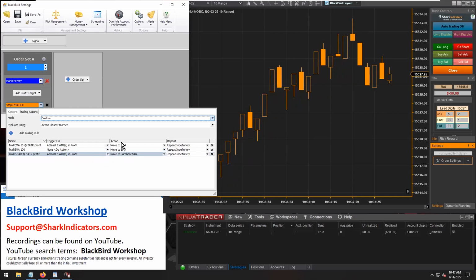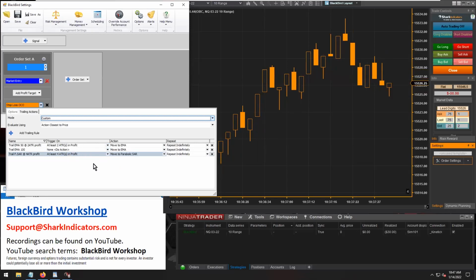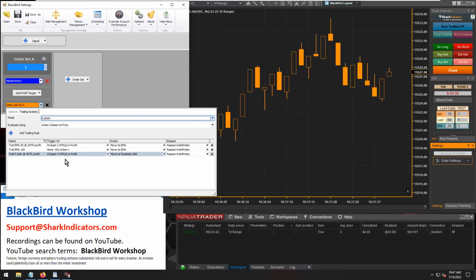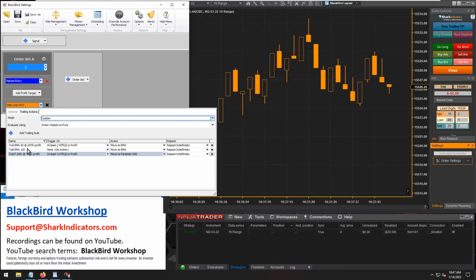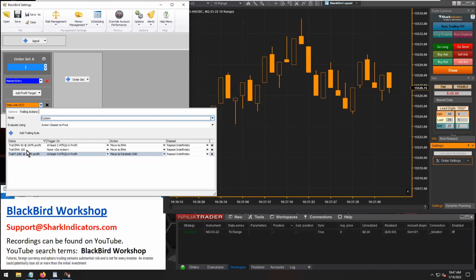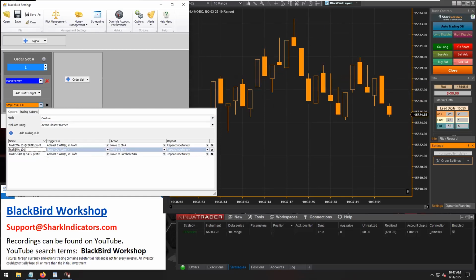And there is another key understanding here about the way all 3 of these trailing rules work. Initially, your stop loss is going to start off with the EMA 100.